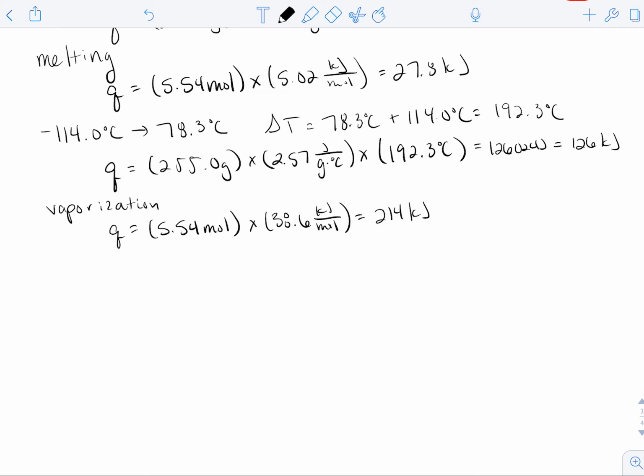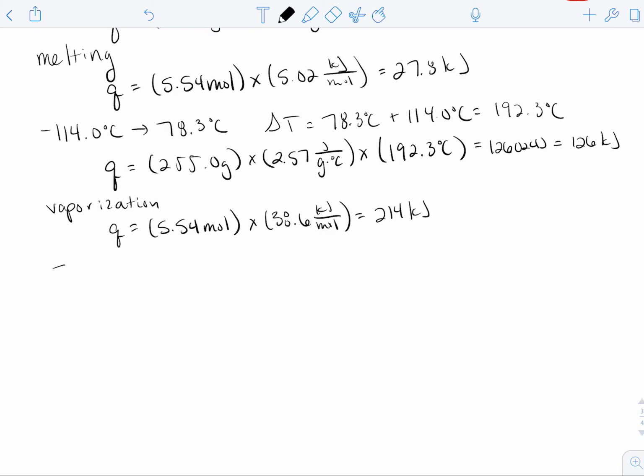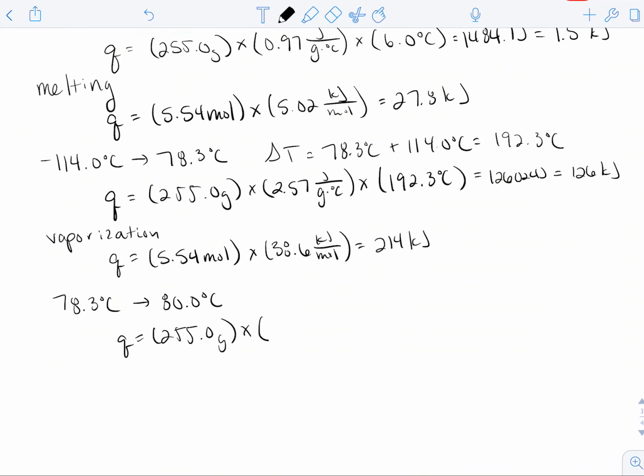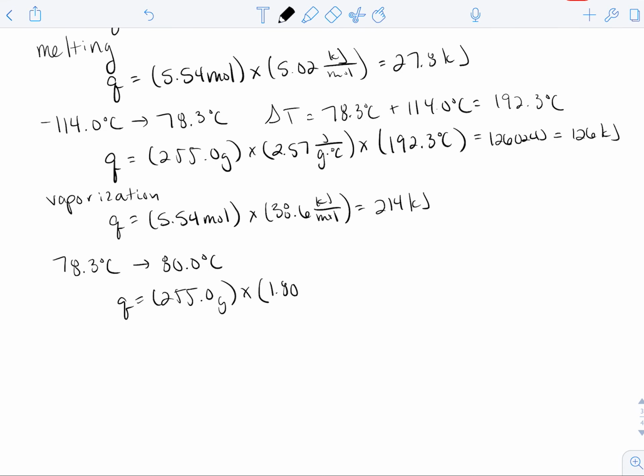And last, we're going to heat up from our 78.3 to our final temperature of 80 degrees. So our Q is equal to our mass, 255.0 grams, times our specific heat in our gaseous phase, 1.80 joules per grams degrees Celsius, times our delta T, which I forgot to do.